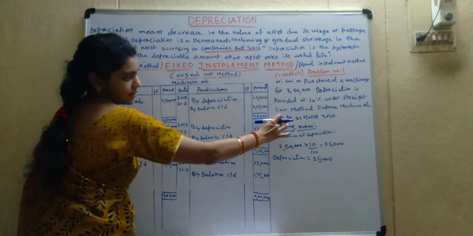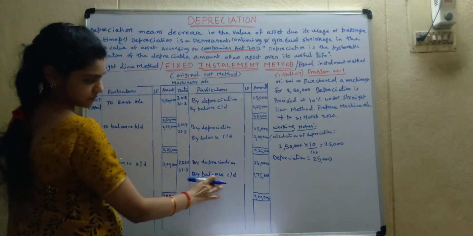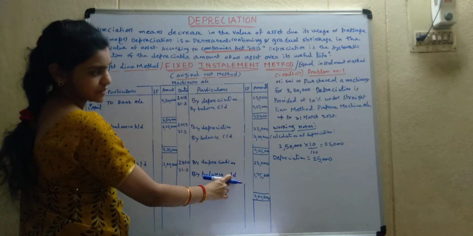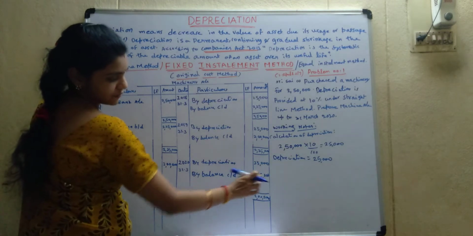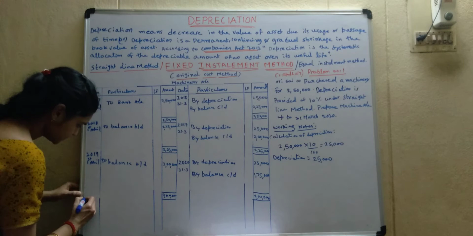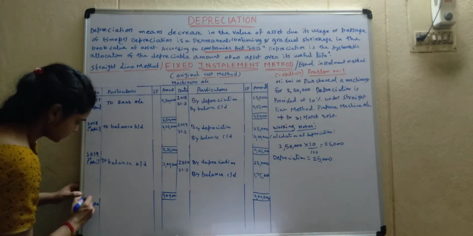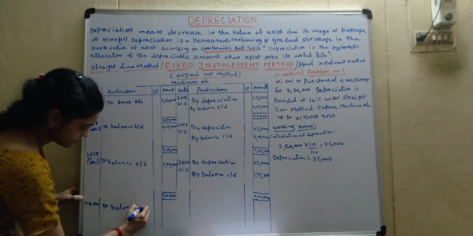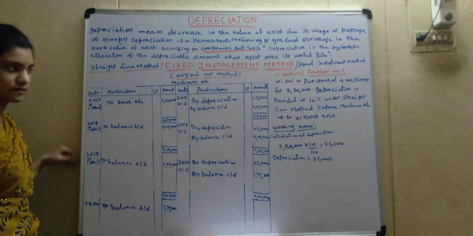What did they ask to show? What's the balance on 31st March 2020? 1,75,000. And on 1st April 2020, to balance brought down, 1,75,000.